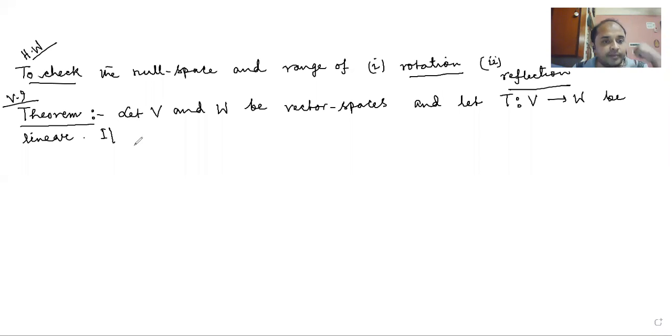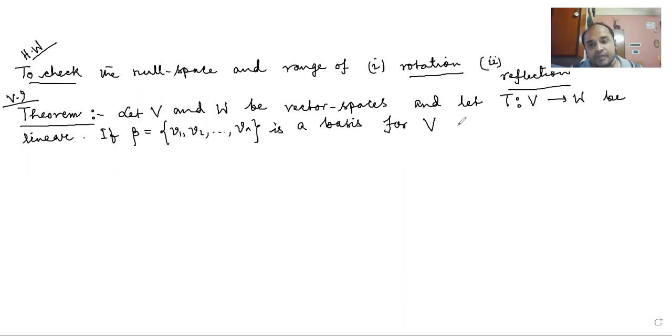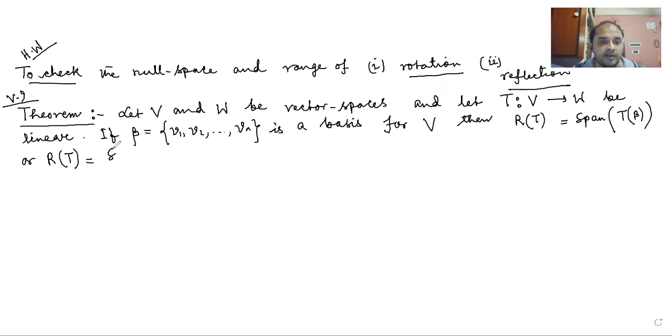If beta is equal to V1, V2, dot dot dot, Vn is a basis for the vector space V, then the range of T can be spanned by T beta, or we can write it as R(T) is spanned by this collection of points, T of V1, T of V2, dot dot dot, T of Vn.